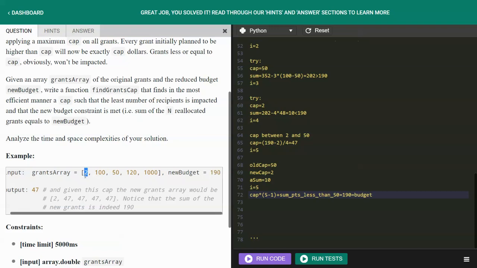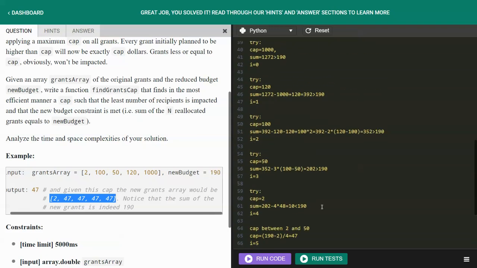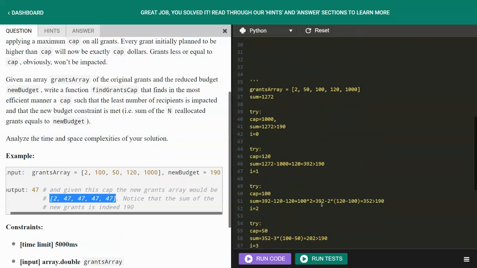So only the ones below 47 are not impacted, and everything above that, like these 4 grants, will be capped at 47. The sum of this array will be exactly 190, which is exactly the new budget needed. Okay, so let's walk through the algorithm.